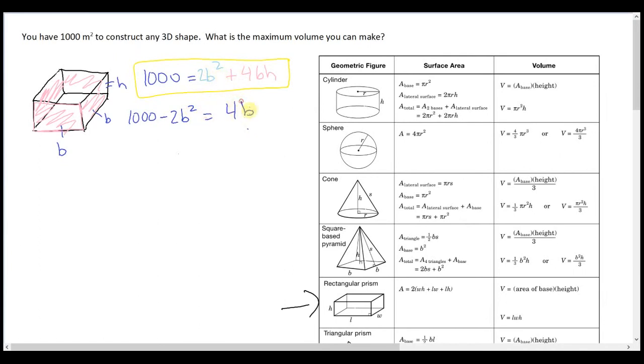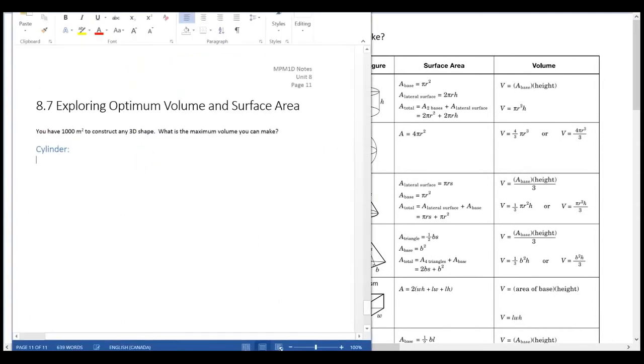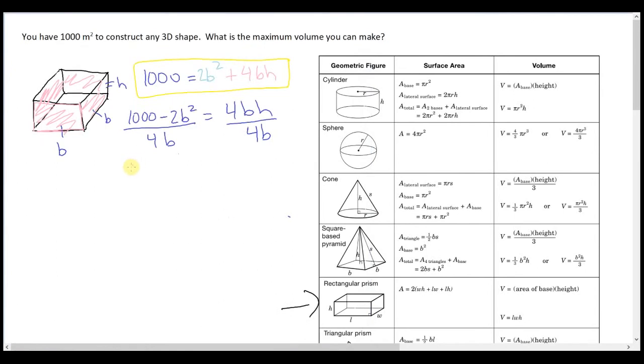And we have 4bh. Okay, we want to get h by itself, so we can divide by 4b. And we'll have 1000 minus 2b squared over 4b is equal to h.